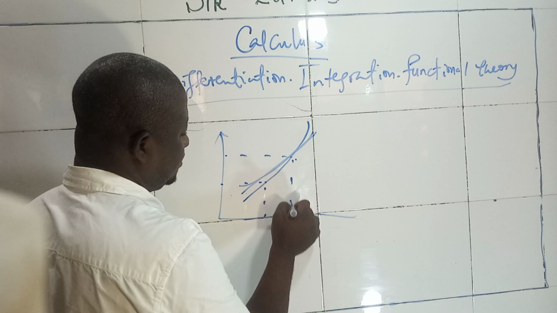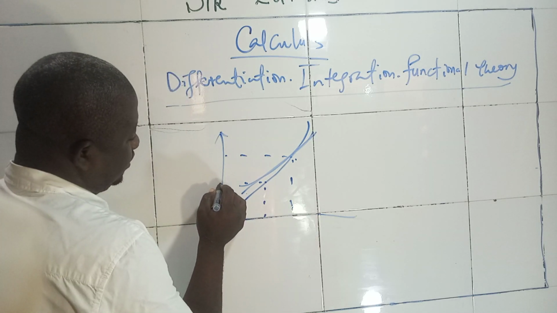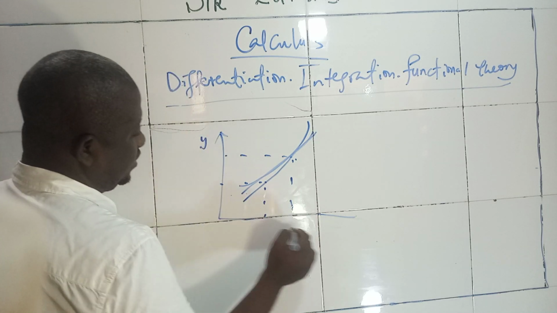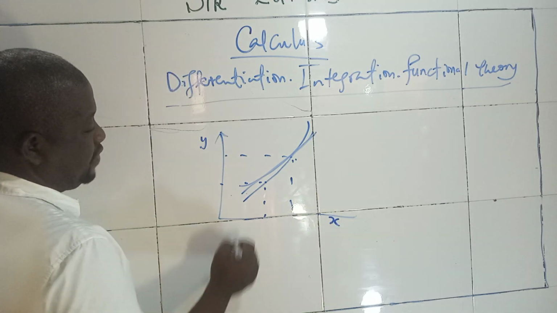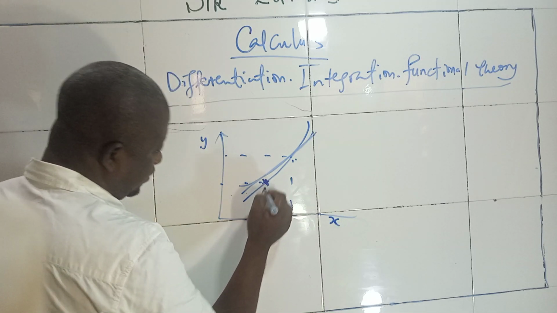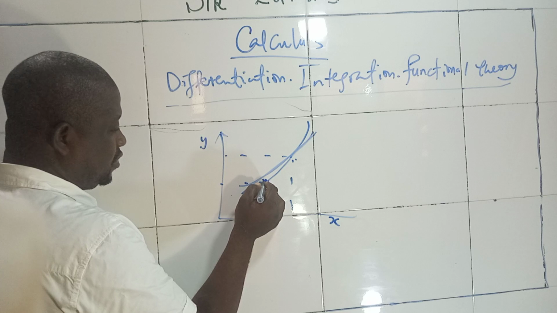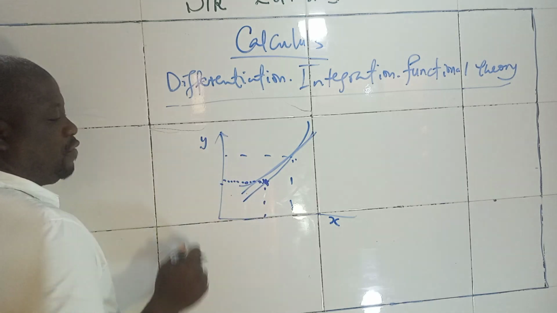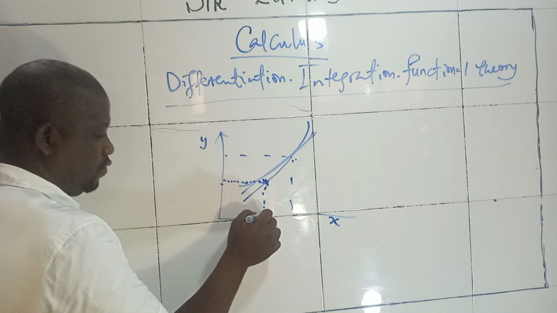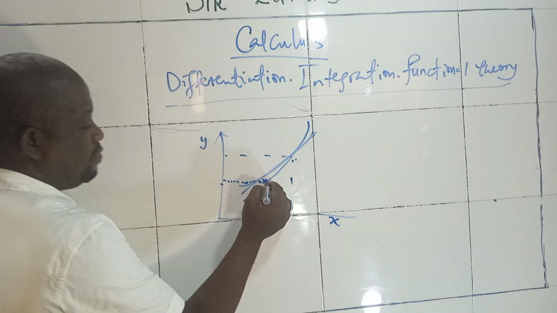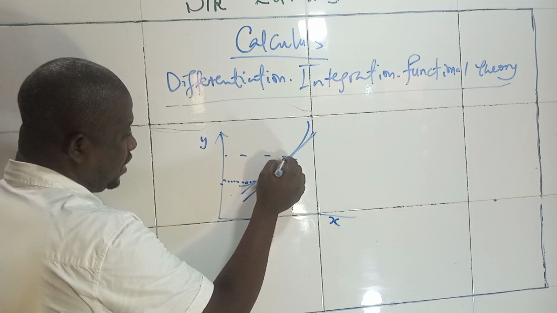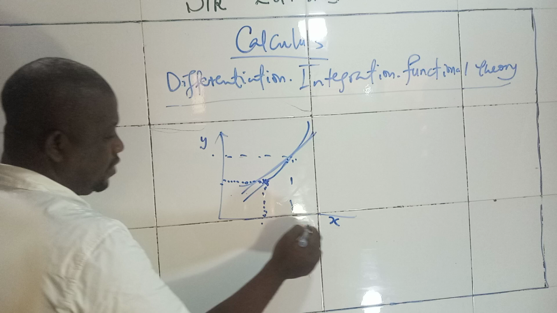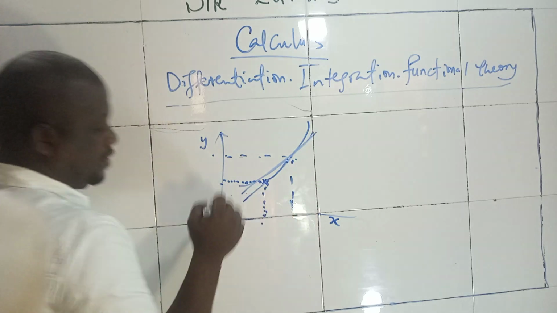If you look at this, let's say this is y axis and this is x axis. If I pick a point here, this point we have a certain value of y and a certain value of x. If I move further, it will be another value of y, another value of x.